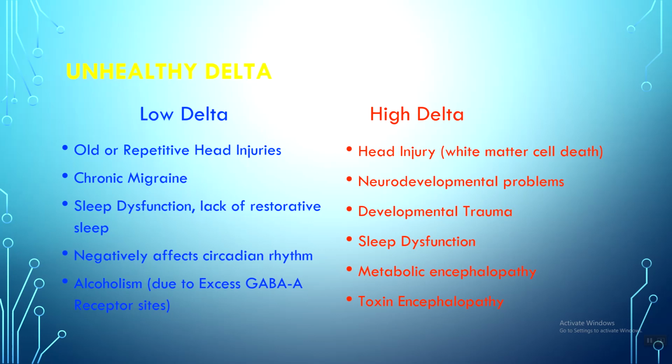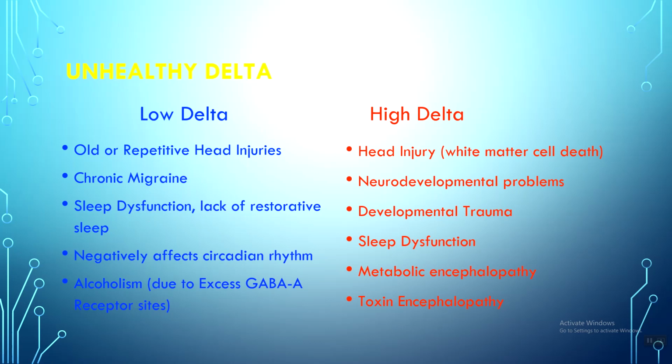High delta can indicate sleep dysfunction, but that's actually not something that I would typically even put in this slide. Sleep dysfunction has so many different pathologies and so many different presentations. Sleep dysfunction primarily, or I should say when it concerns delta, shows up in a deficit of delta, okay? And it's one of the profiles.